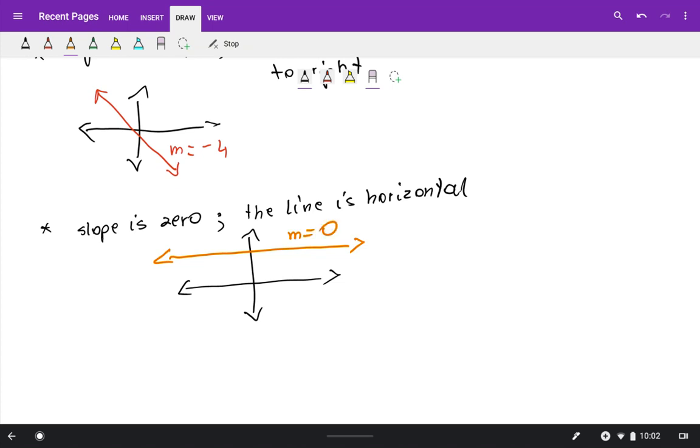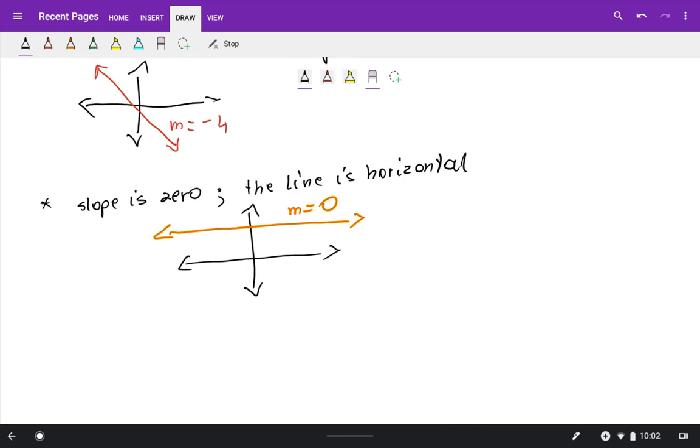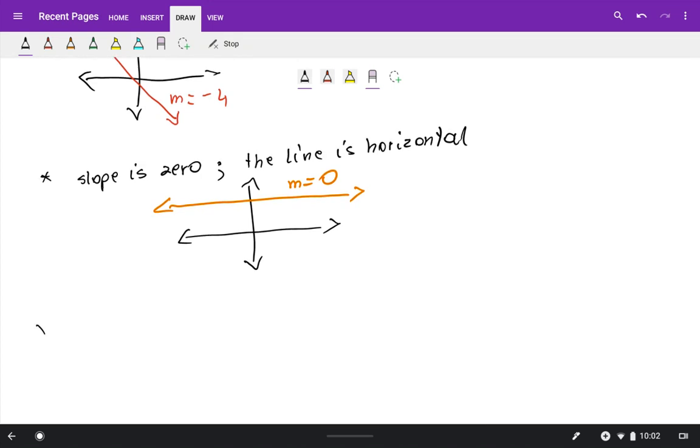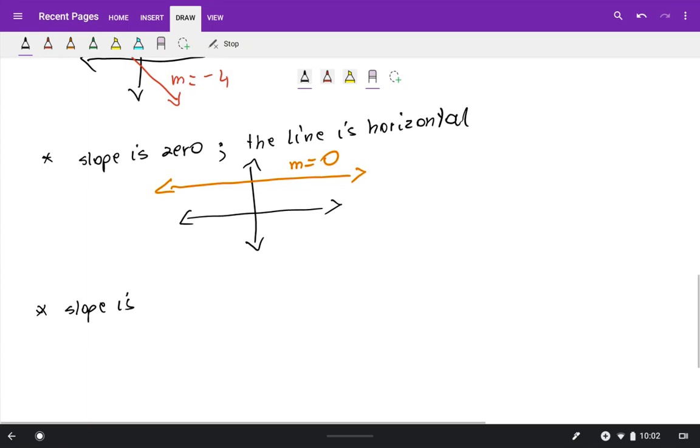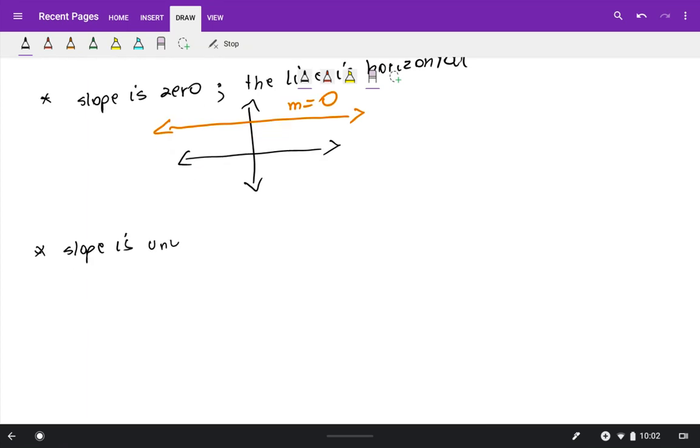Any horizontal line has a slope of 0, because slope represents the steepness of the line, and this line is not steep at all. And slope can be undefined. When slope is undefined, that means the line is a vertical line.